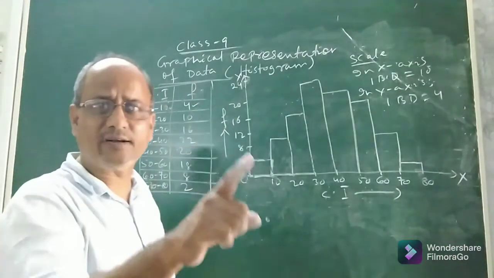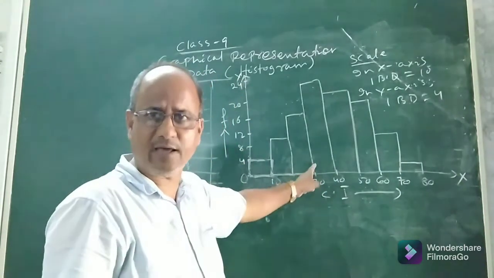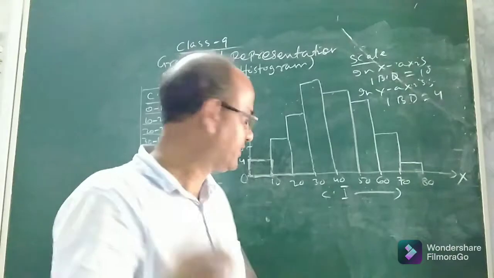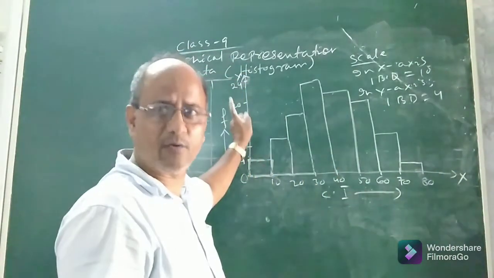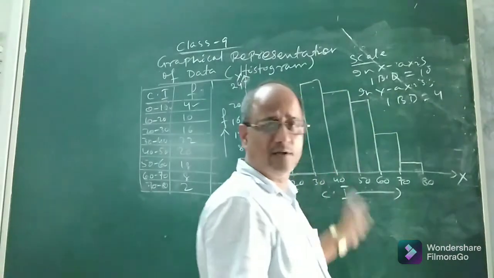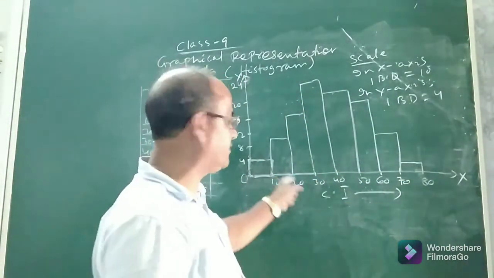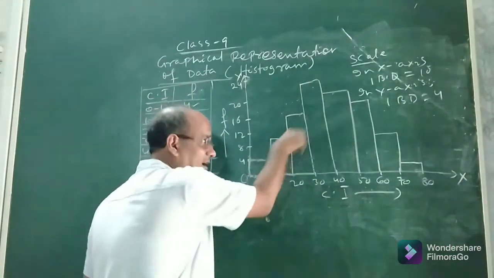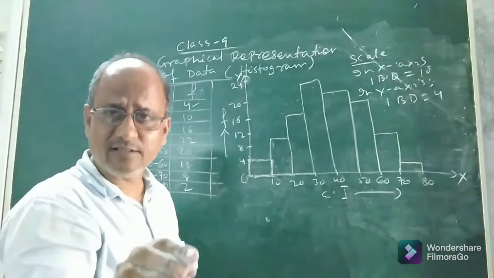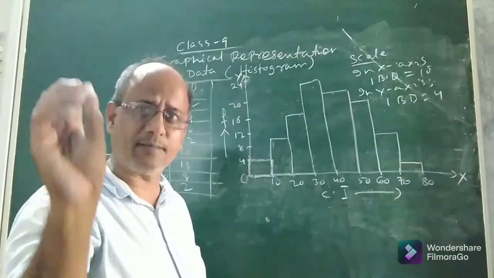So when classes are continuous having uniform width, how to draw the histogram? This is the method. In histogram, we take class intervals along x-axis and frequencies along y-axis. Then choosing appropriate scale in both the axes, we draw bars or rectangles such that there is no gap between the bars, and all the bars or rectangles will have the same width.